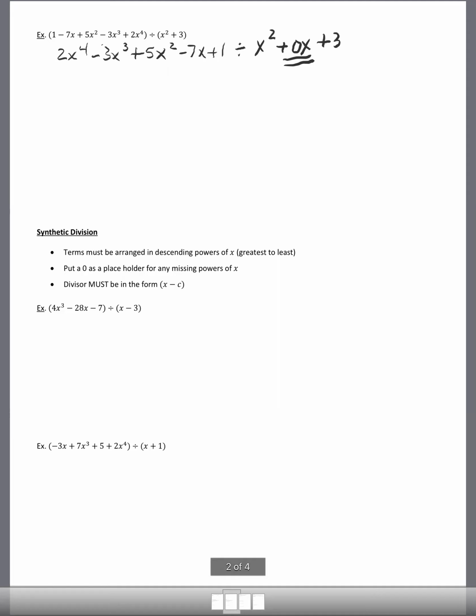And now we can set up the problem. So now we have x squared plus 0x plus 3. We'll divide into 2x to the 4th minus 3x to the 3rd plus 5x squared minus 7x plus 1.